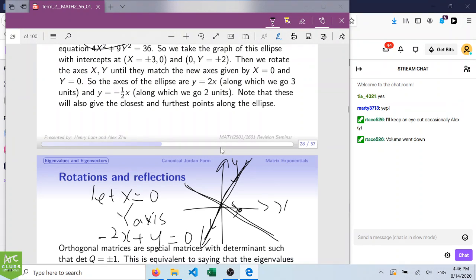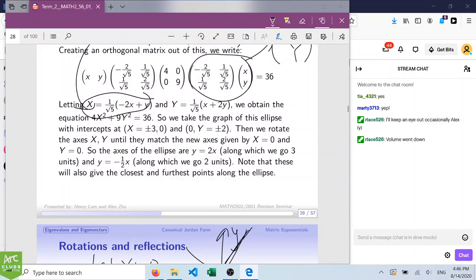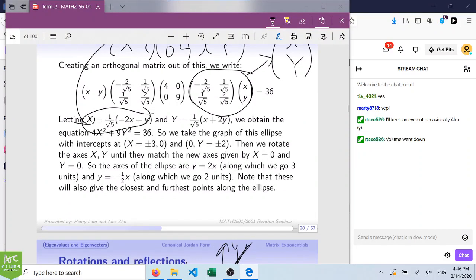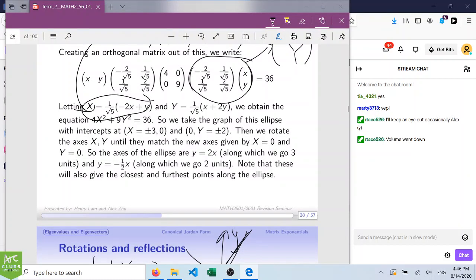Now we know that this is the y-axis, but what's the positive direction? So let me just erase that. We have the positive direction for y. We can substitute a small value to determine that.